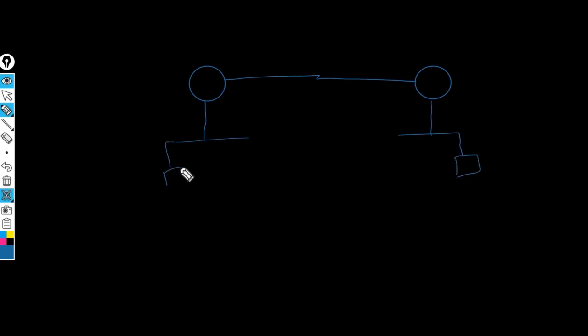Consider this is your PC A, your PC B, router 1 and router 2. This is, let's say, your 10.0.0.0 network. This is the 11.0.0.0 network.